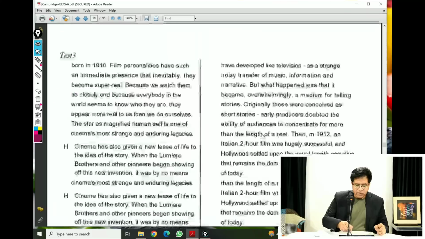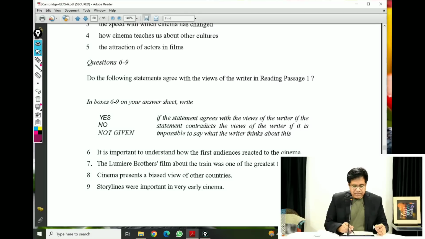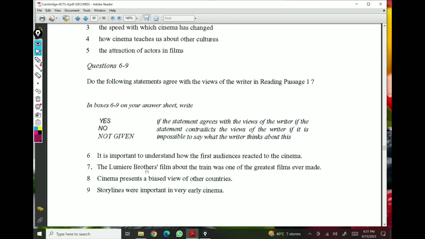Very good. Let's go back to the question. Cinema presents a biased view. So for the word biased, unbiased, there is no information on that. That is why this answer is not given. Okay, let's go on. Question number 9. Storyline was important in very early cinema.